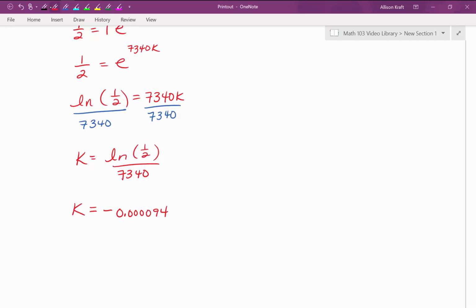Now we're going to rewrite our equation. Since the initial amount was not given, we're not going to plug an initial amount in when we rewrite our formula. We're going to just write A equals A sub 0 times e to the negative 0.000094t.